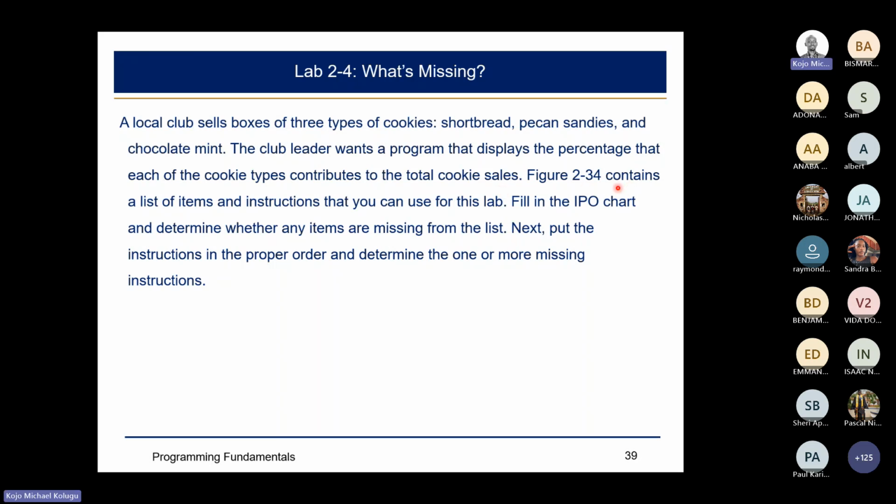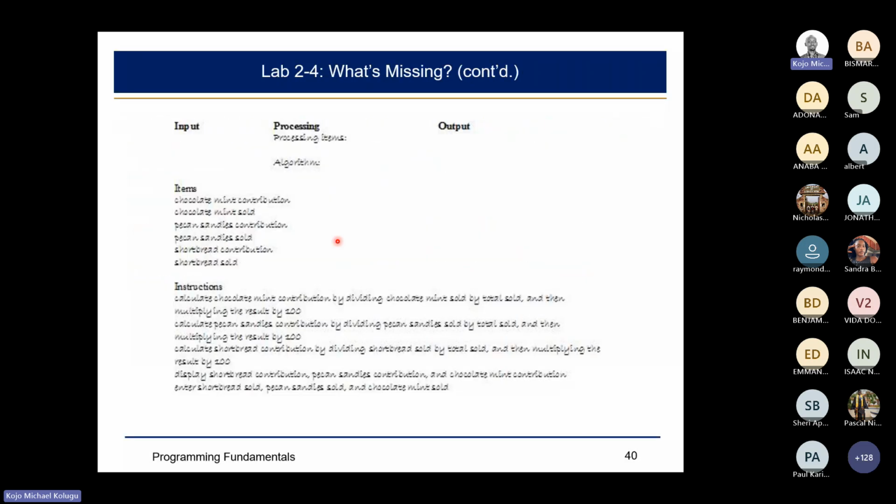There's a figure that contains a list of items and instructions that you can use for this lab. Fill in the IPO chart and determine whether any items are missing from the list. Next, put the instructions in the proper order and determine the one or more missing instructions, right?